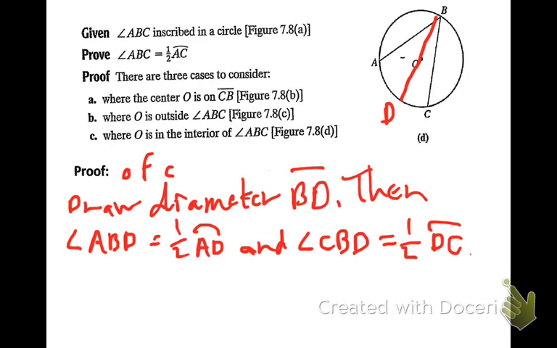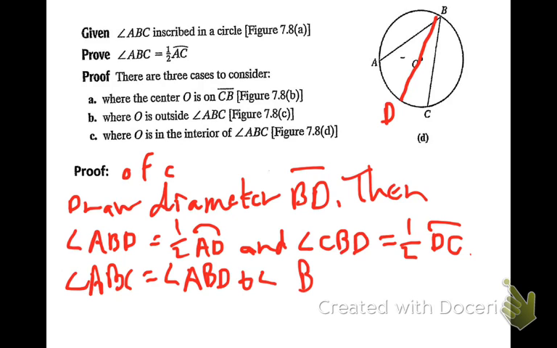So we can use the angle addition postulate and say angle ABC is equal to angle ABD plus angle CBD. And then use substitution from the sentence before to say that that equals 1/2 arc AD plus 1/2 arc DC.